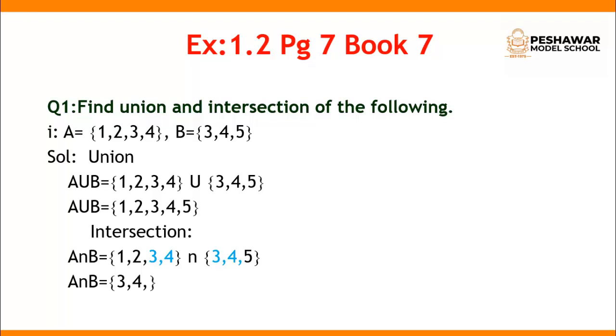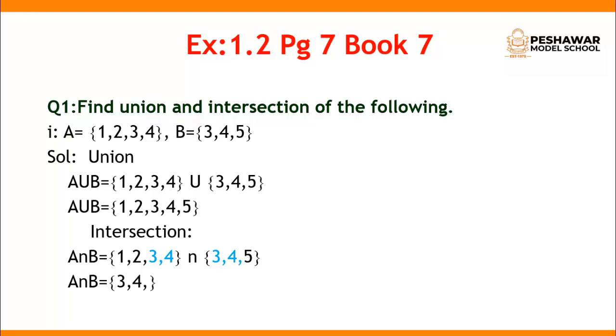There are two sets and you have to find two basic operations. The first operation is union and the second operation is intersection. So one by one you have to solve here. First we find the union of two sets, A union B. First write the elements of set A, 1, 2, 3, 4. Then put the symbol of union, and the set B is 3, 4, 5.